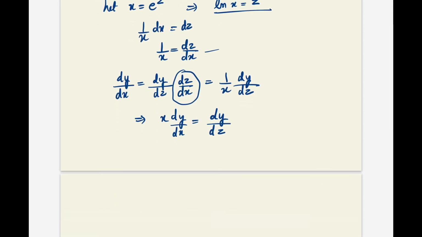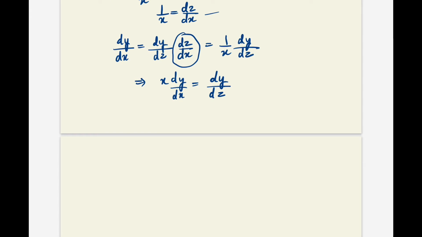Now taking the double derivative of the above equation, d2y/dx2 equals d/dx of dy/dx.